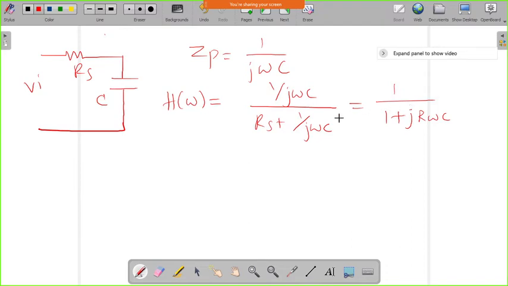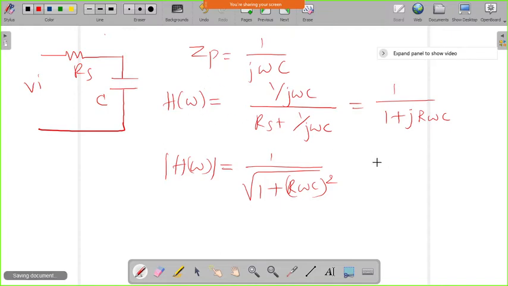Now if I take the magnitude of this, it will give 1 over square root of 1 squared plus R omega C whole squared. This is the magnitude response you will get. Similarly, if I want the phase, you will get minus tan inverse of omega RC, it is tan inverse of b by a.